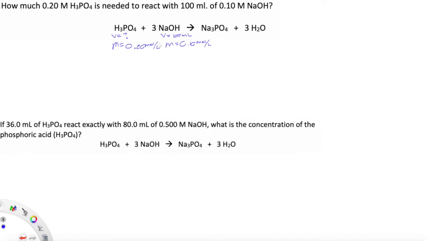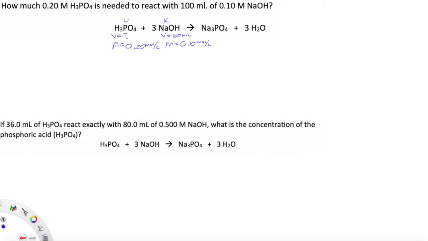So we can see that my unknown is phosphoric acid, H3PO4, and the compound that is my known is sodium hydroxide, because I know both the volume and the molarity for that.